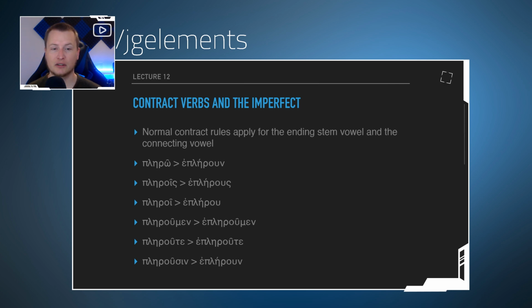Second person singular, eplerous. Okay? Third person singular, eplerou. First person plural looks identical with the exception of the augment. Second person plural looks identical with the exception of the augment. And then the third person plural looks identical to the first person singular. So context is key.